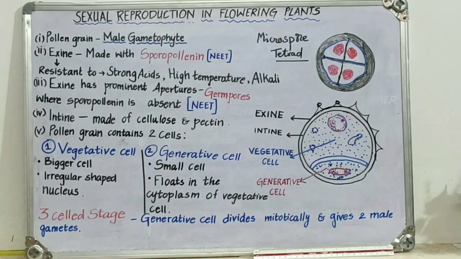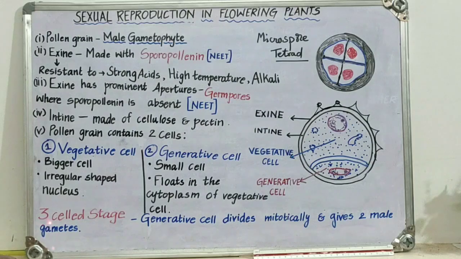So we should know the vegetative cell, how it is, and the generative cell, how it is. And the vegetative cell has more amount of cytoplasm. That is also one of the important points. For that reason, the small generative cell floats in the cytoplasm of the vegetative cell.